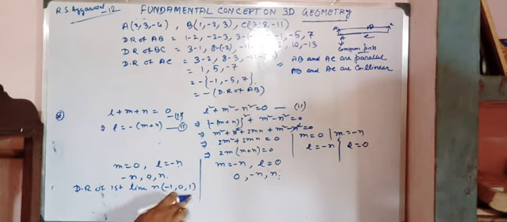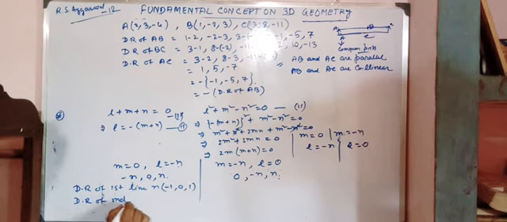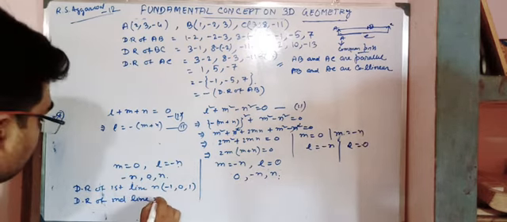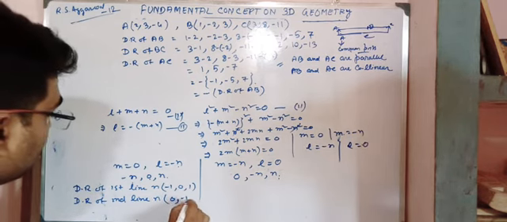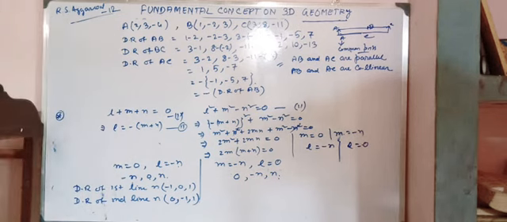We are taking this as the direction ratio, and for the second line, we take common from here 0, -1 and 1. Understood that? So these are the direction ratios.